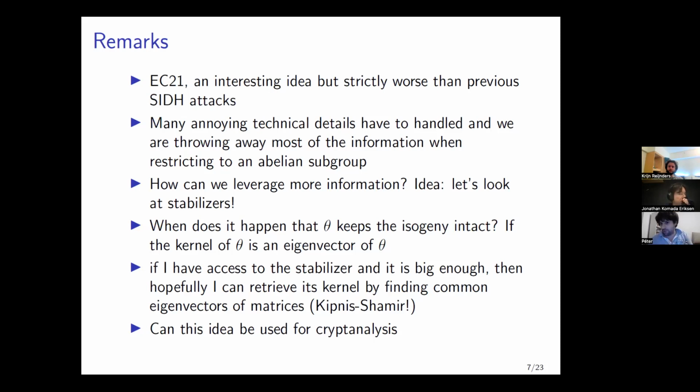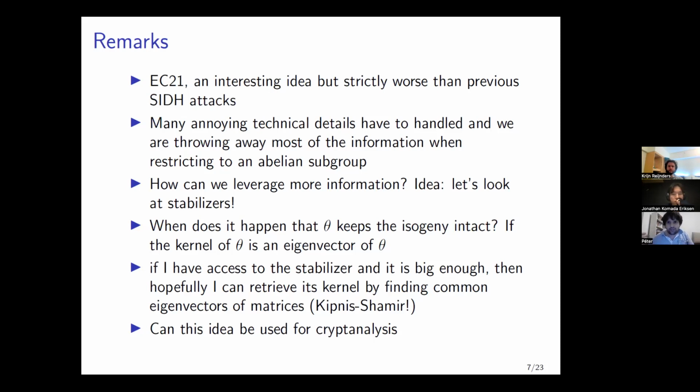You can view endomorphisms as 2 times 2 matrices modulo n, and points as two-dimensional vectors modulo n. And then really it just means you're looking for a collection of matrices for which your particular kernel is an eigenvector.